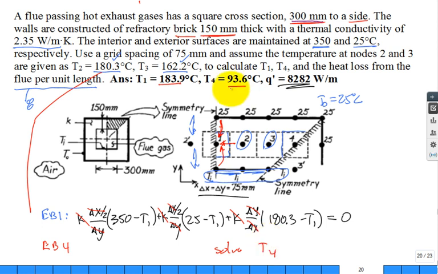All right. Q prime. That's Q per unit length. How many watts per unit length of this flue? Well, to calculate that, Q prime is going to be 8 times Q of this one section per unit length. So 8 times, what is my Q for the one section?